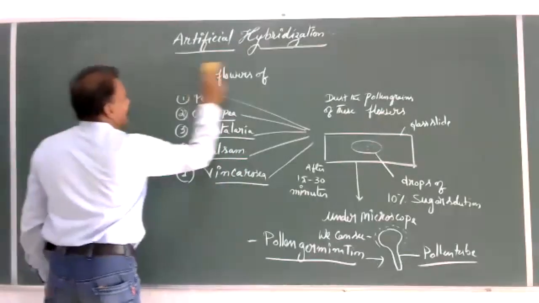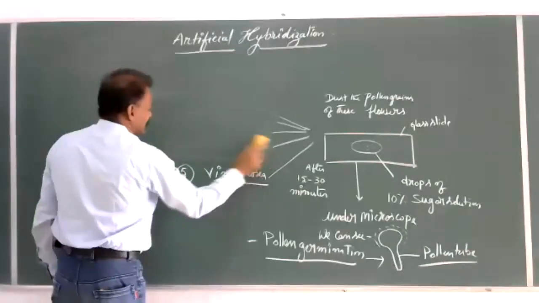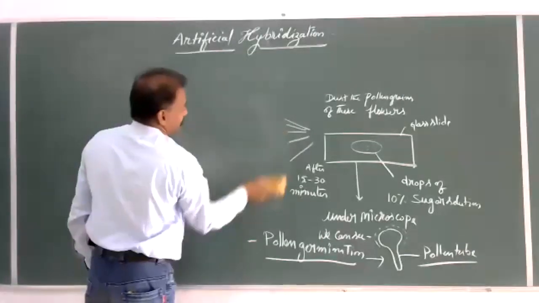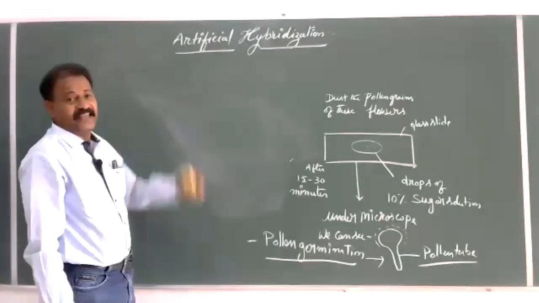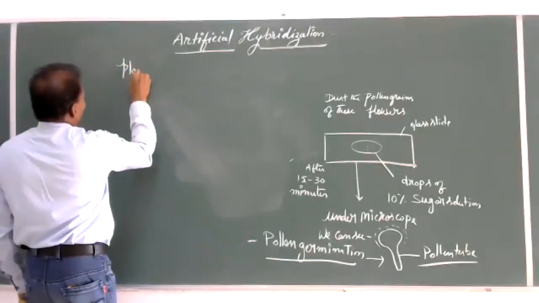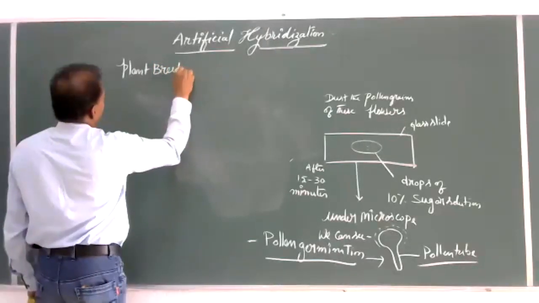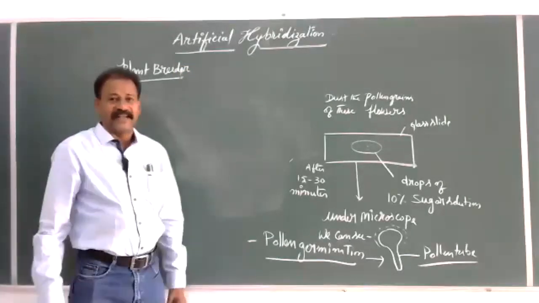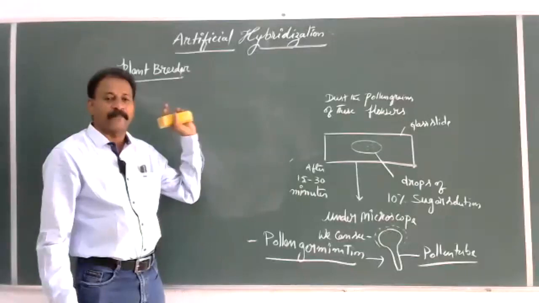Now, as in the last class we have seen what artificial hybridization is, let us study it in detail. Plant breeder. Who is a plant breeder? Which person is called a plant breeder?